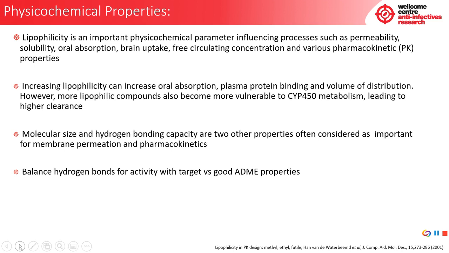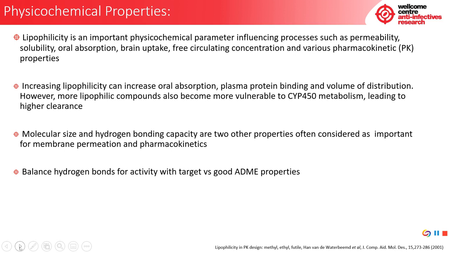However, the more lipophilic a compound becomes, the more vulnerable it can be to cytochrome P450 metabolism, which prefers to metabolize lipophilic compounds, therefore giving us high compound clearance. The molecular size and hydrogen bonding capacity are two other properties that are often considered important for membrane permeation and pharmacokinetics.